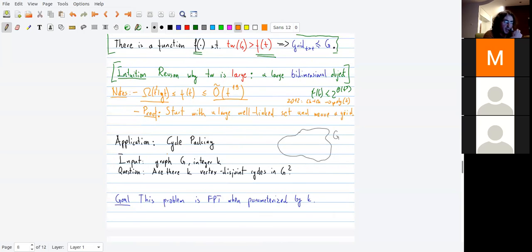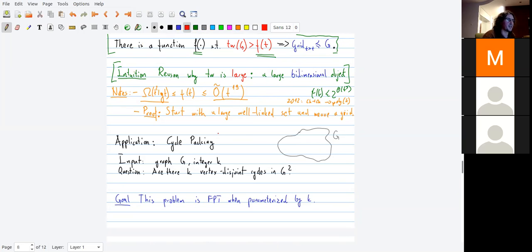The proof is difficult, even of this exponential bound. Essentially, if the treewidth is very large, you find a large well-linked set in your graph, and once you start with this well-linked set, you can get some paths through flows from Menger, and you can start to weave your grid. But there are a lot of technical details when making this grid.